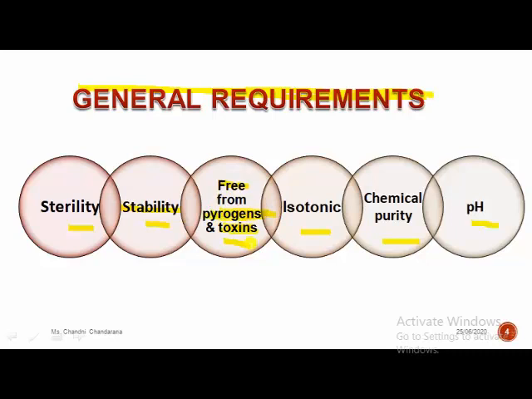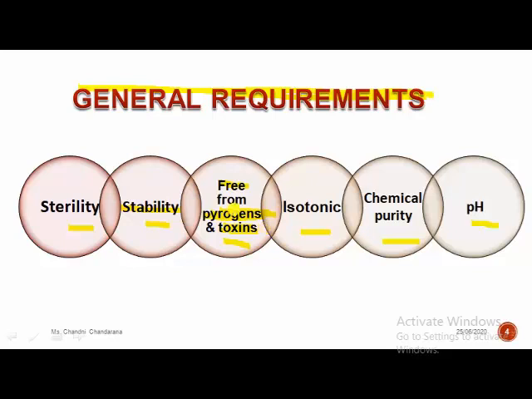Next, it should be free from pyrogens and toxins. What is a pyrogen? A pyrogen is a byproduct of microorganisms or bacteria. Whatever parenteral preparation we have, it should be free from pyrogen. If the preparation contains bacteria or pyrogen, then we will get symptoms like fever and chills after injecting the parenteral preparation.